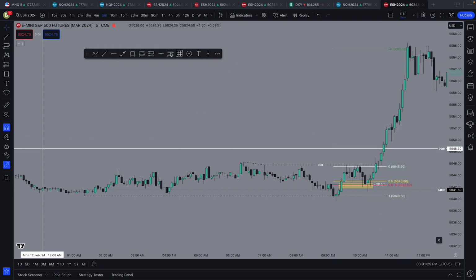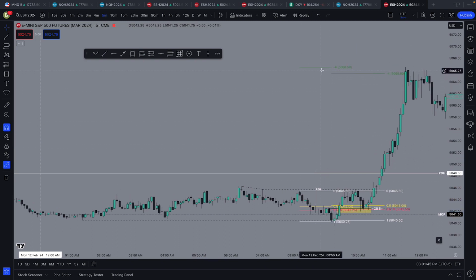The other thing that I noticed too was that if I were to take from this last swing low, wrong way, swing low to high, the -4 extension is 5,066.50. Look at the high of this candle up here, 5,066.50. Perfect.